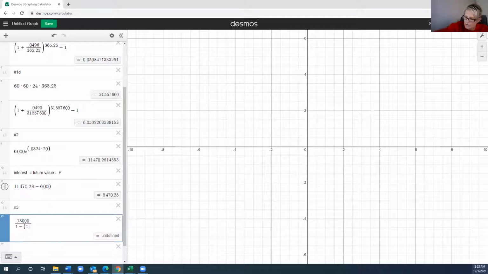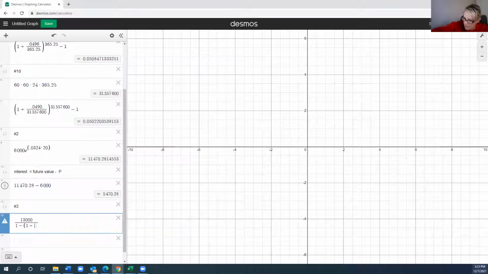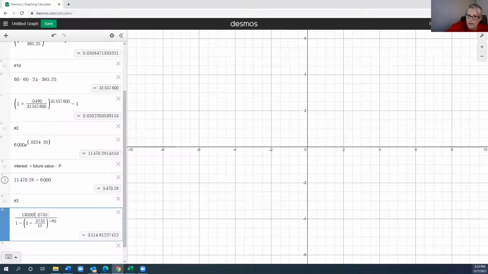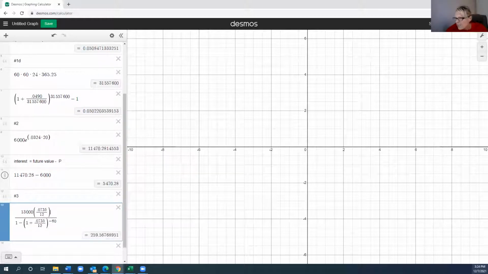I like to get my fraction going, and then I'll go back up and adjust this and put my 0.0735 divided by 12 together. So this is what my monthly payment formula should look like, and it looks like my monthly payment is going to be $259.57. So $259.57 is my monthly payment.